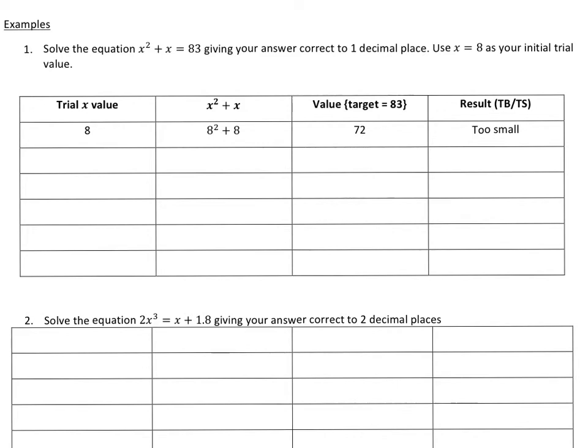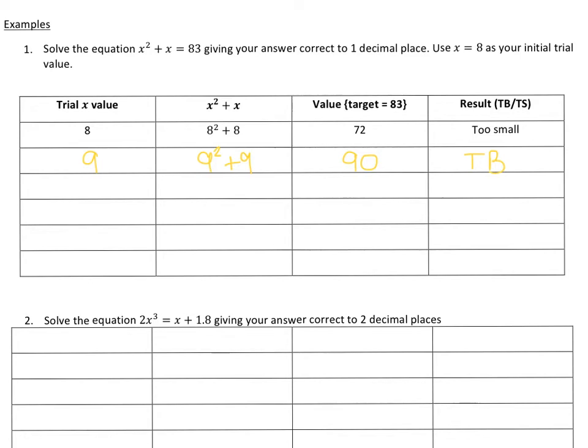I'm going to try 9 now because that value is too small, so on my calculator I've just pressed 9 and pressed equals, and that has stored the 9 as my answer. I'll push the up arrow on my calculator, and on the screen it says ANS squared plus ANS. I'm going to press equals, and I get 90. So that was 9 squared plus 9, and I can see that that is too big.